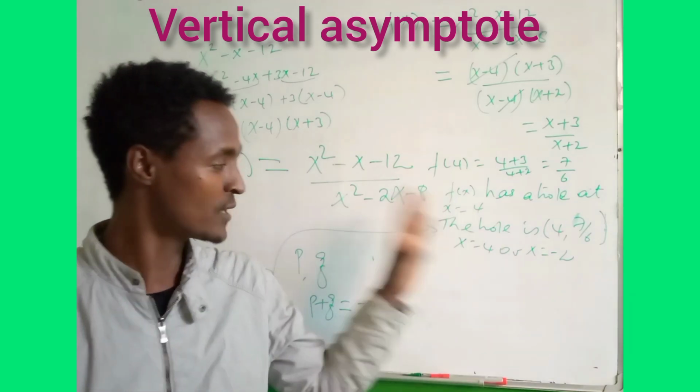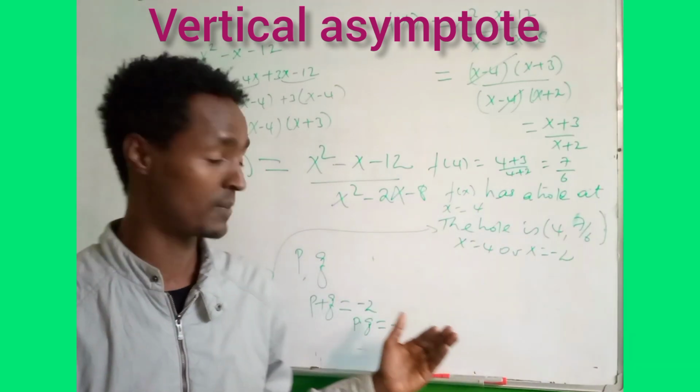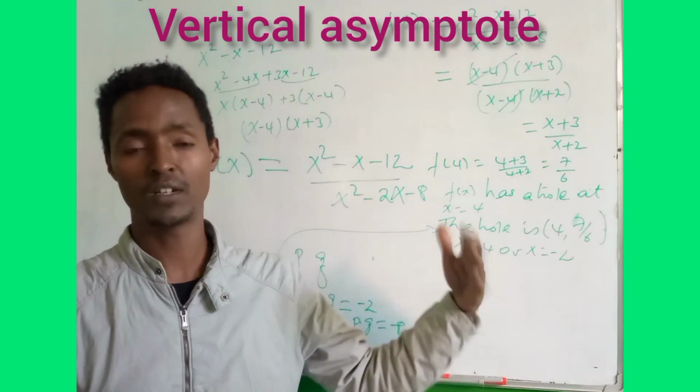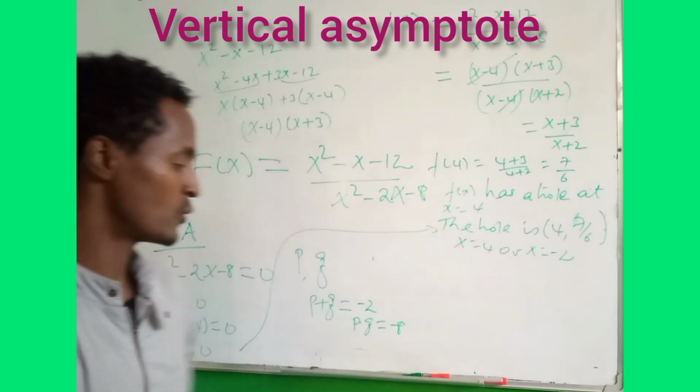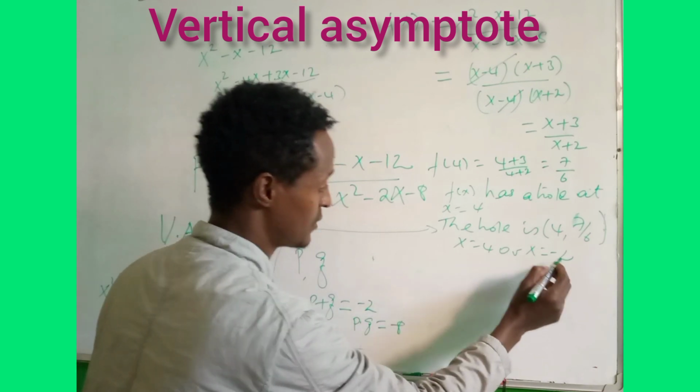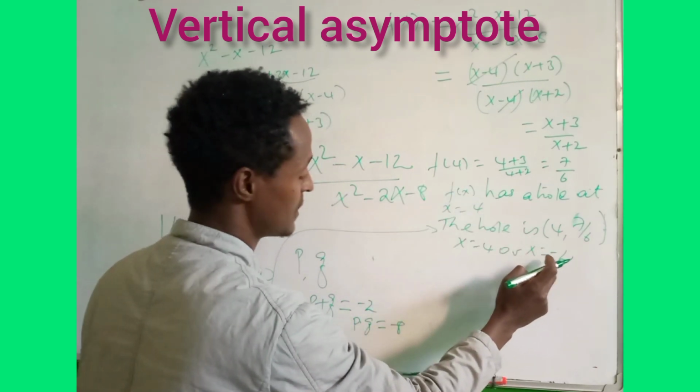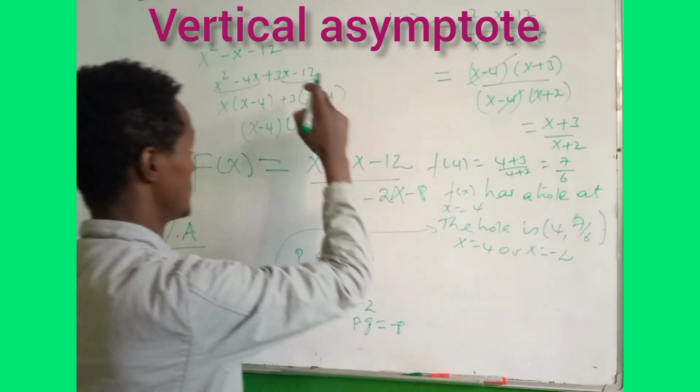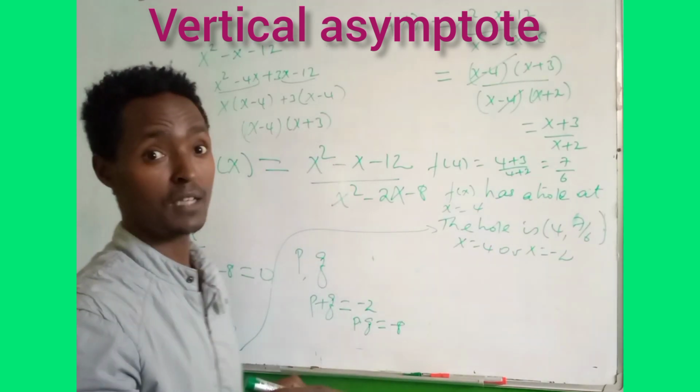We have to follow the same steps to consider whether this one is a vertical asymptote or not. To check, I have to insert x is equal to minus 2 instead of x in the above expression, in the numerator as well as in the denominator.